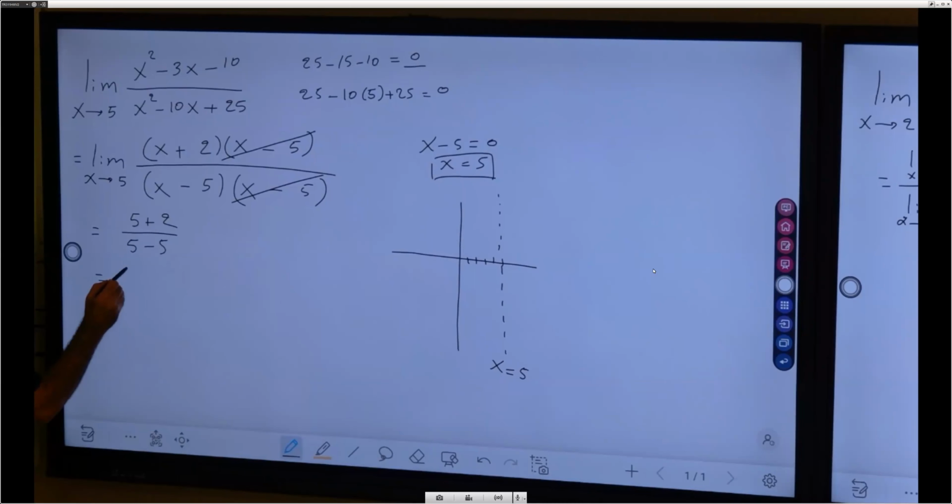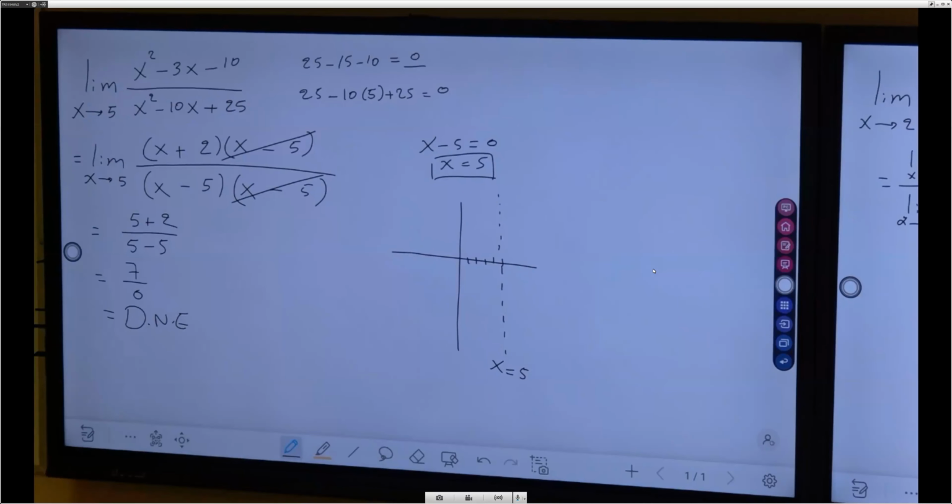Why is it undefined? Because it's going to be 7 over 0, which is undefined. That means the limit does not exist. That's how you plug in and get does not exist. But let's look here.